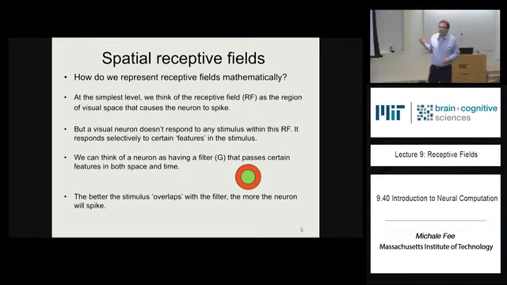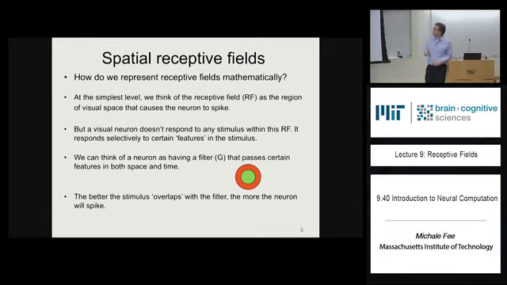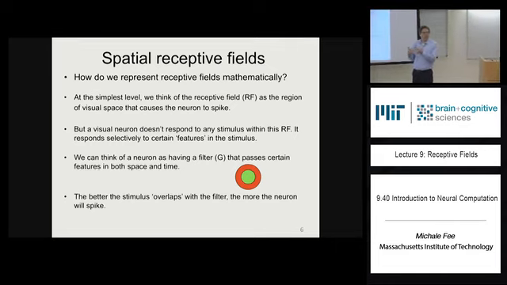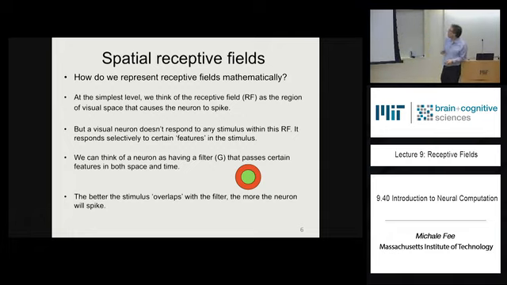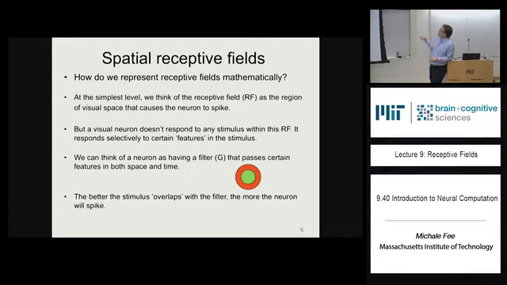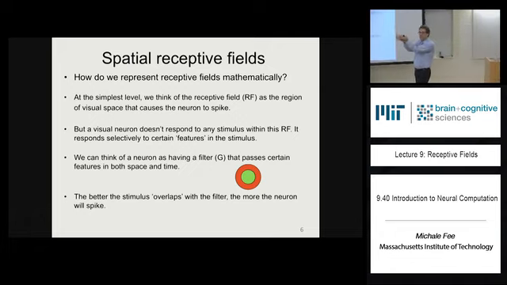Okay, so we just saw how you can think of a region of the visual space that makes a neuron spike when you turn light on, or makes a neuron spike when you turn light off. And at the simplest level, you can think of that in the visual system as just a part of the visual field that a neuron will respond to.